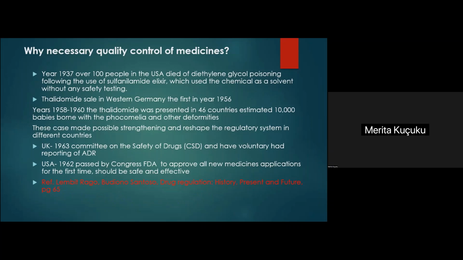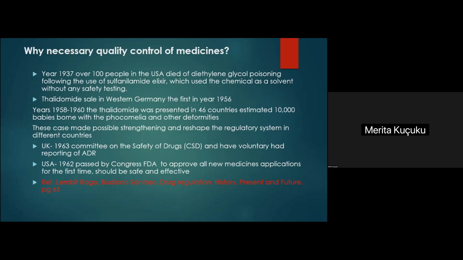It was first sold in Western Germany in 1956. From 1958 to 1960, thalidomide was present in 46 countries, and an estimated 10,000 babies were born with phocomelia and other deformities, especially in their limbs. This case made possible the strengthening and reshaping of the regulatory system in different countries.